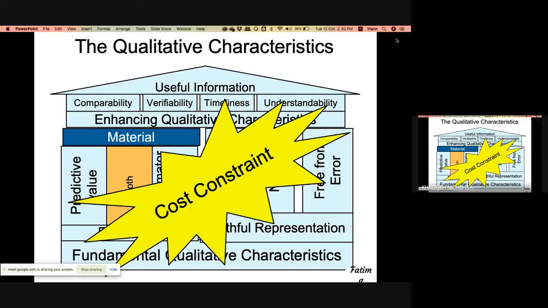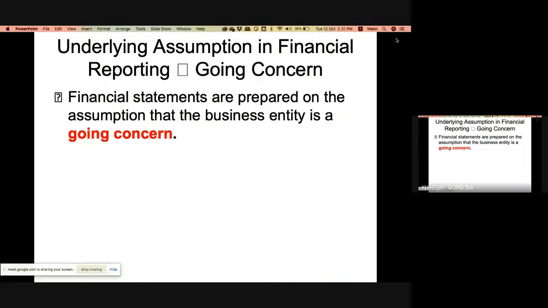That is the thing you have to give in on. Cost constraint has to be taken into consideration as well. When companies are not able to meet these characteristics because of the cost, that will affect the quality of the financial statement.